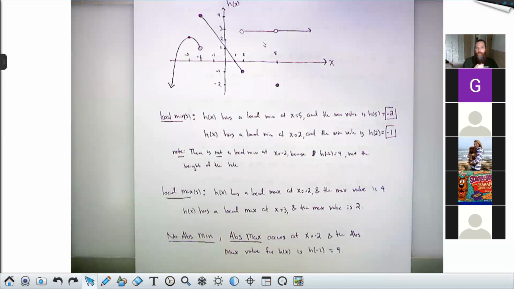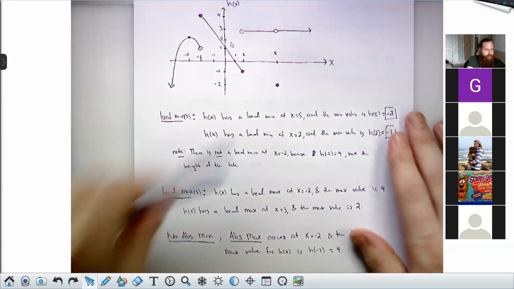Other questions? Excuse me, I have a question. That line that's horizontal, if it were slightly tilted, it would have more local mins and maxes, right? It depends.